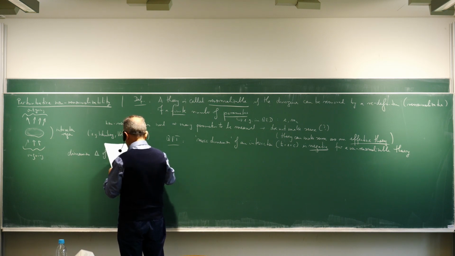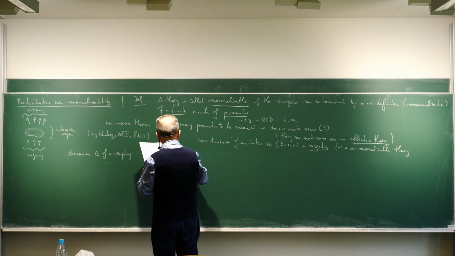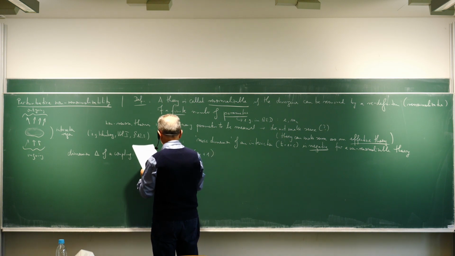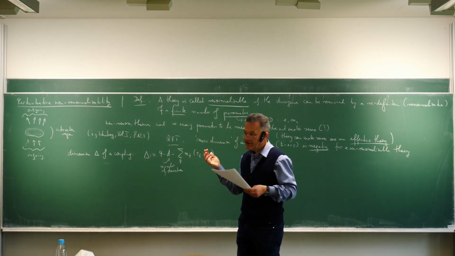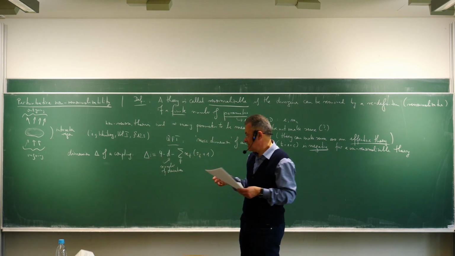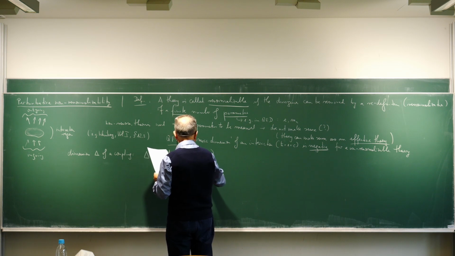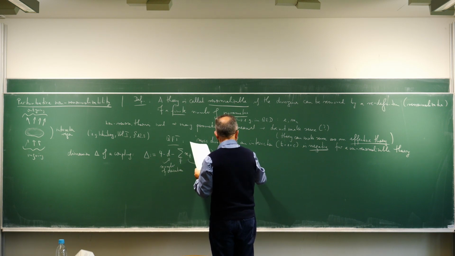So delta is defined as 4 minus d minus the sum over all fields, where d is the number of derivatives, because for each derivative you also have a positive mass dimension. And this is the number of fields of type f.